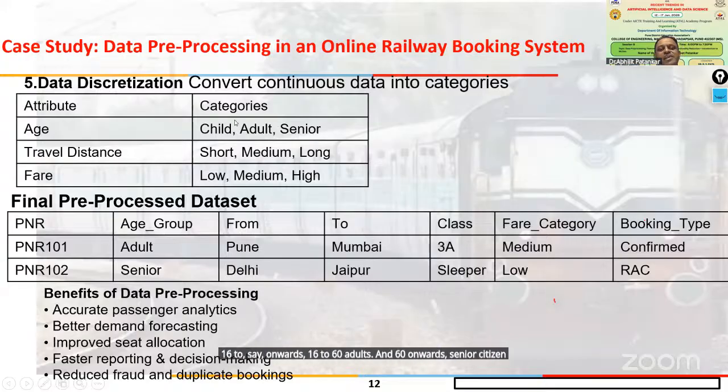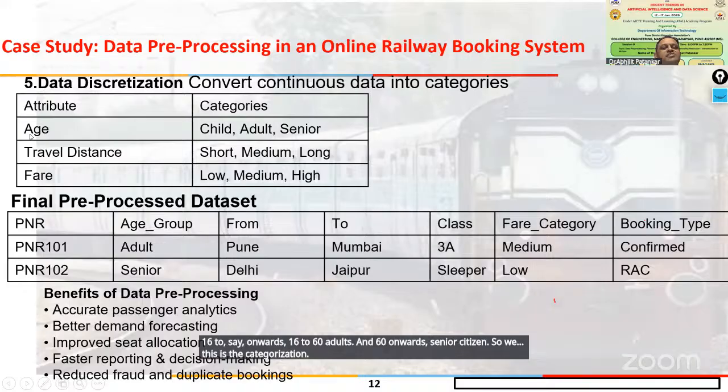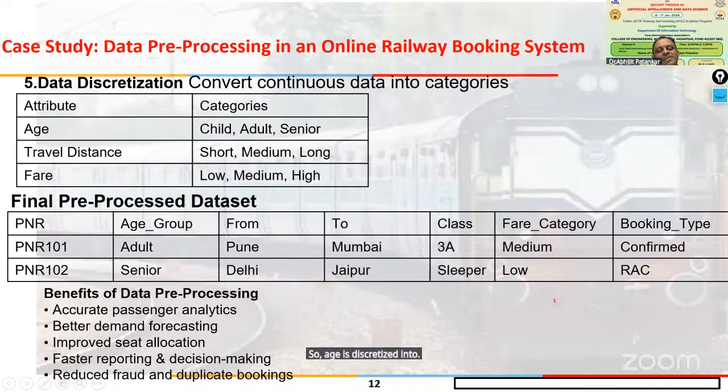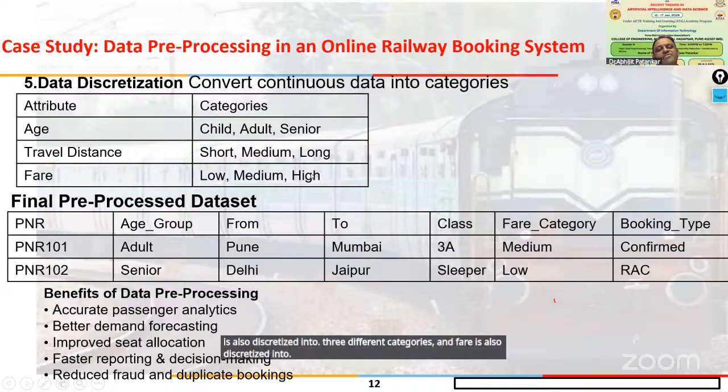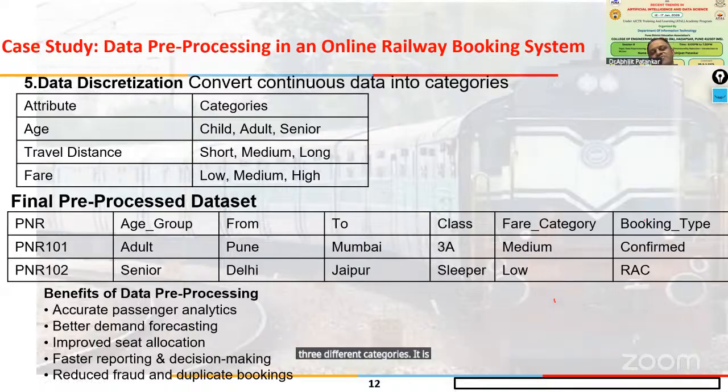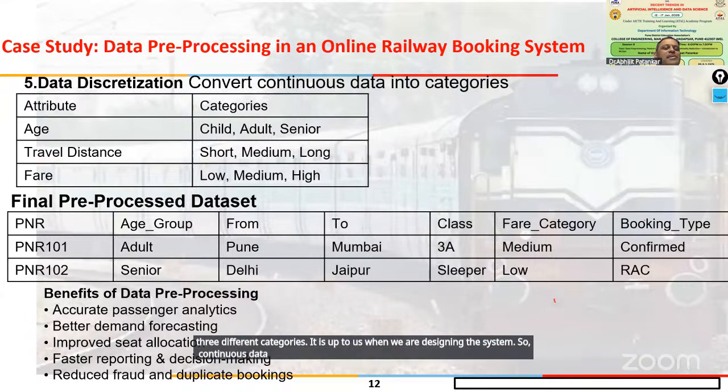So this is the categorization. Age is discretized into 3 different categories. Then travel is also discretized into 3 categories, and fare is also discretized into 3 categories. It is up to us when we are designing the system. So continuous data values can be categorized so that you don't have to display all the data values.